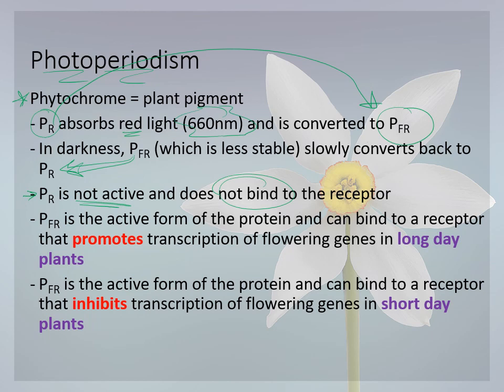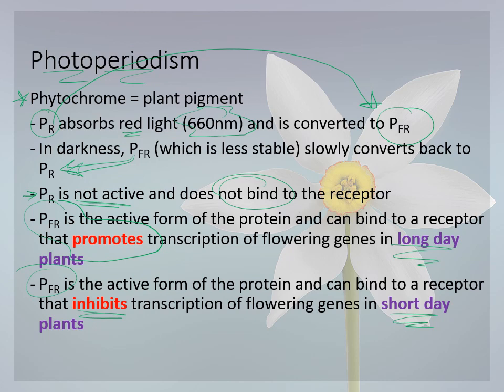Phytochrome far red is the guy that's always active, but here's where it gets weird. In our long day plants, phytochrome far red is a promoter and says, hey, flowers, let's grow. But in our short day plants, more phytochrome far red is going to turn off or inhibit the transcription of those flowering time genes.